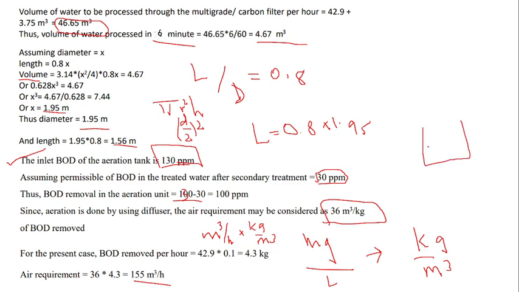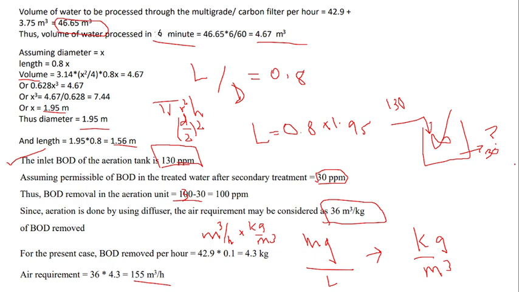So we know that inlet is given as 130. To calculate the air requirement, we should know the amount of BOD removed. Further, we should know the outlet BOD. So this outlet water BOD is assumed as 30. Okay, this is an assumption.